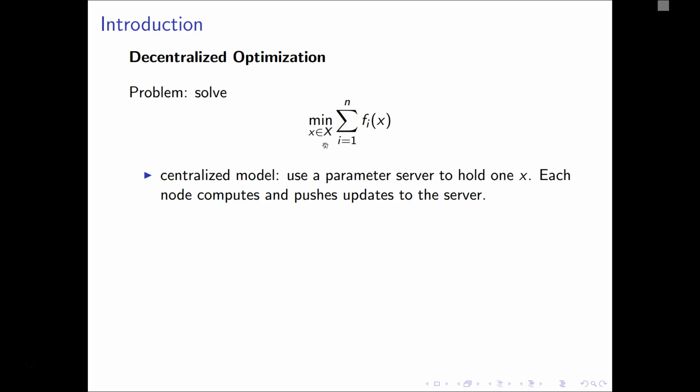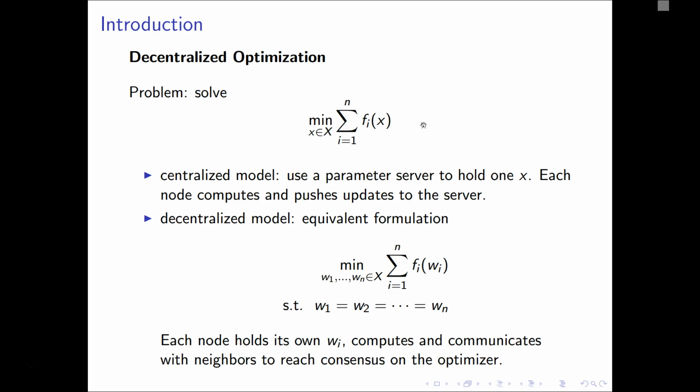There are a lot of ways to do this distributedly. For example, a very hot model, the main model used in industry today, is a centralized model, where we use the parameter server to hold one x. So the x is just one and only one. Each node will compute some gradient with respect to its own data and push updates to the server.